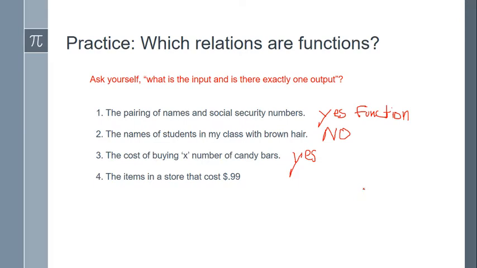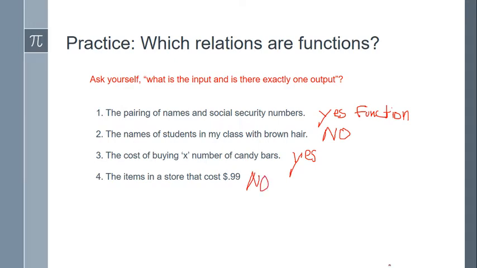So if 99 cents is the input, then we get many different outputs for that, right? Lots of things in the store might cost 99 cents, not just one thing. Remember, we can't have an output that is more than one. So I would say that this one here is not a function.